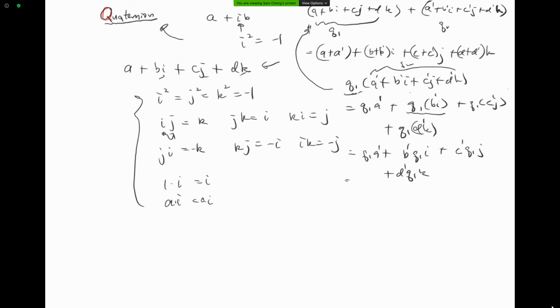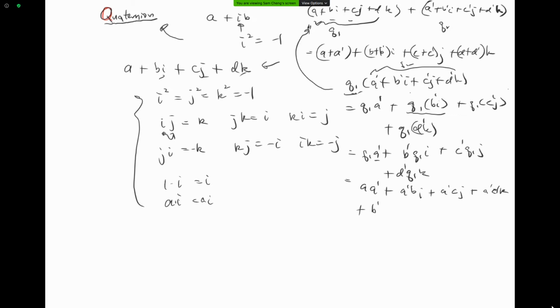I have a' plus a' bi plus a' cj, so this a' is multiplied by each of the terms here, plus a' dk, and then I have b'i. b' is just a constant, I don't care.